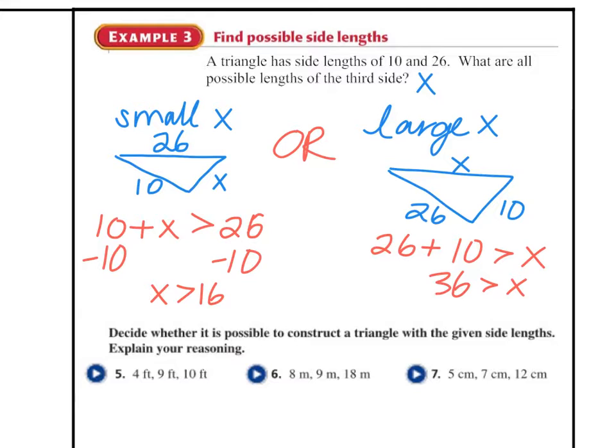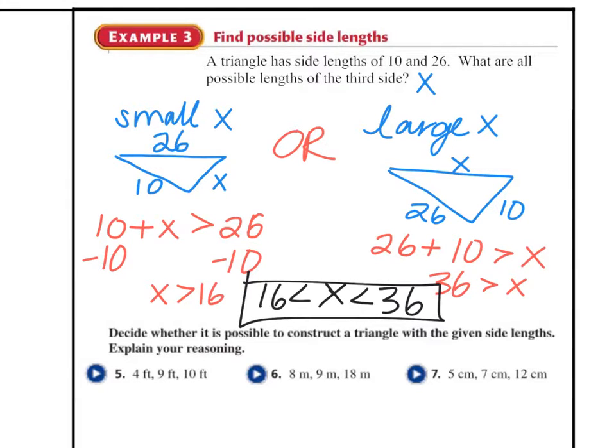We're going to write this as a compound inequality, because both of these things have to be true in order for x, the third side, to work. X would have to be greater than 16 and less than 36. So it's saying it's between 16 and 36. And someone asked a good question in my last hour.